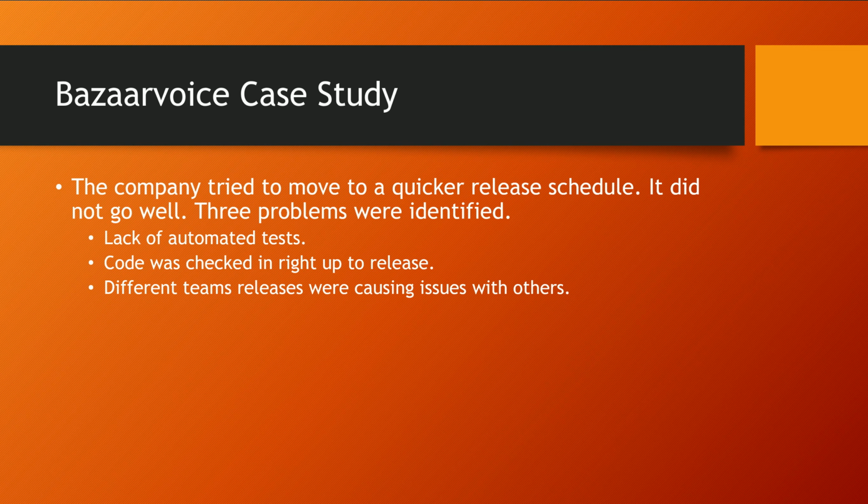However, the problems were identified. They had a lack of automated tests. The code was checked in right up to release, and different teams' releases were causing issues with others. One team was working on a change of code that another team might have changed, making the commit not work as well or not at all.